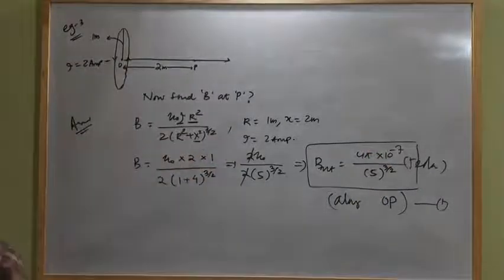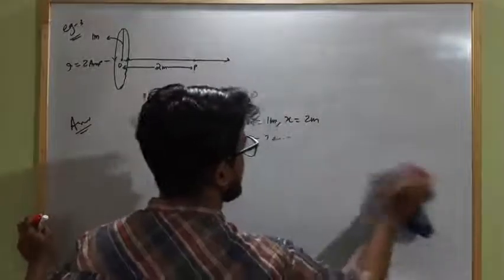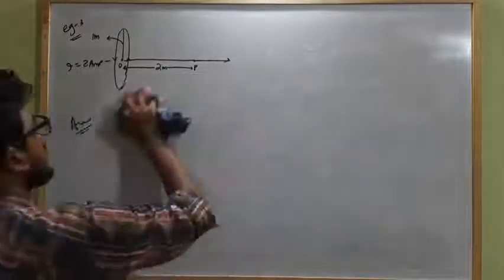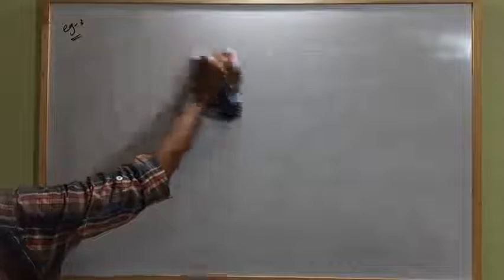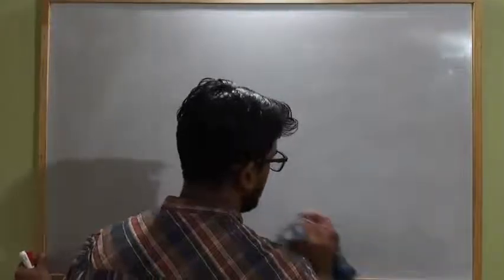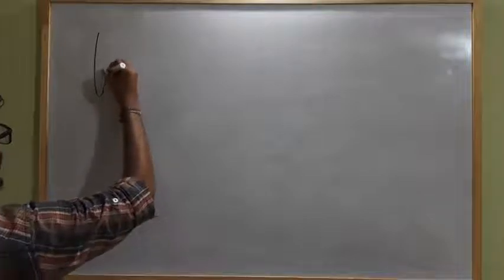Clear? So now let's do some more examples. Here is a current carrying circular coil like this.